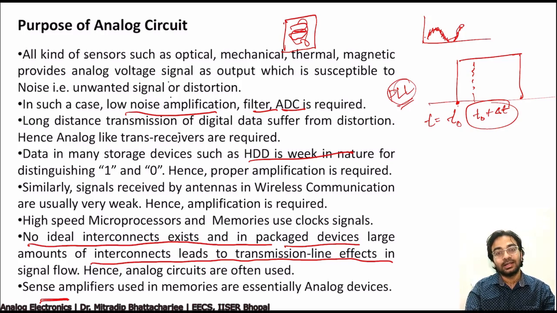So if the signal reaches up to 0.6, this amplifier will amplify it to 1 to make the performance better. So this type of sense amplifier is also an analog circuit. It is basically a comparator kind of thing. It will compare whether the signal is reaching 0.6 or not. Once it reaches 0.6, it will increase it up to 1, and this improves the performance.